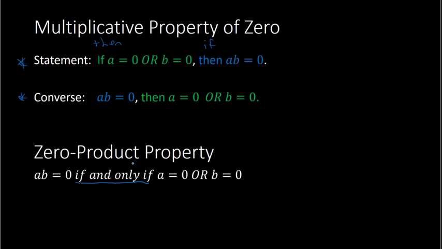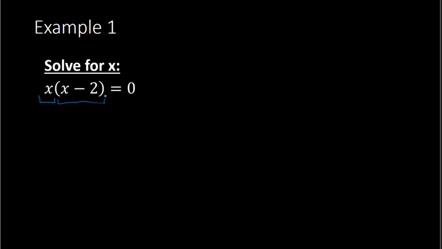Alright, once you understand that concept and you understand how to factor, then we can put that together to solve any sort of equation. So here, example 1, we are told to solve for x. We have x times x minus 2 equals 0. So here we have our first number, which is x, is unknown, and then our second number, x minus 2.